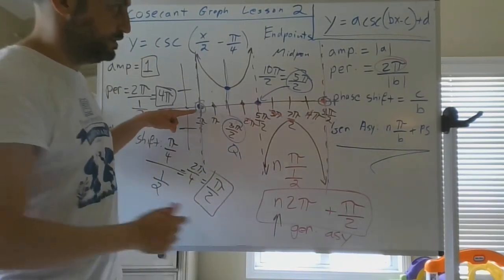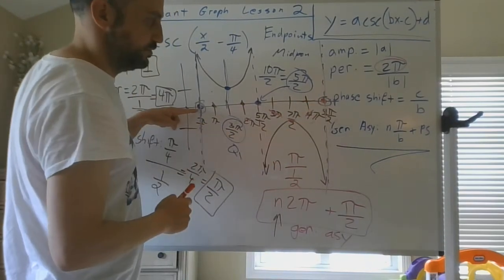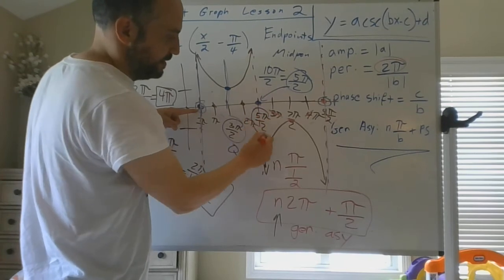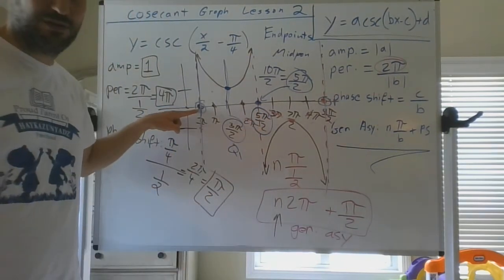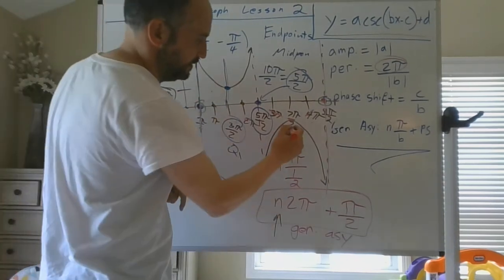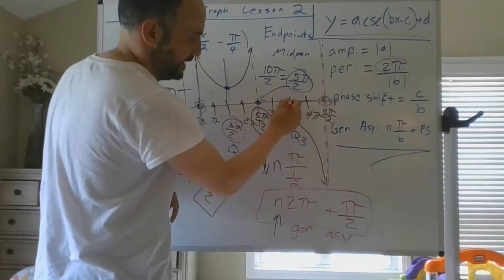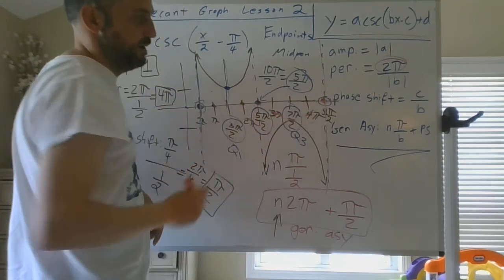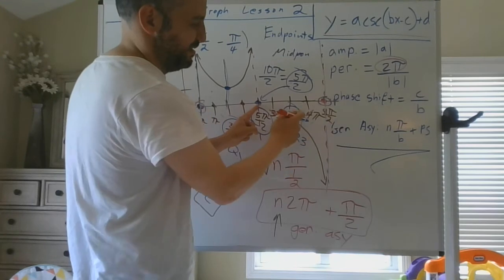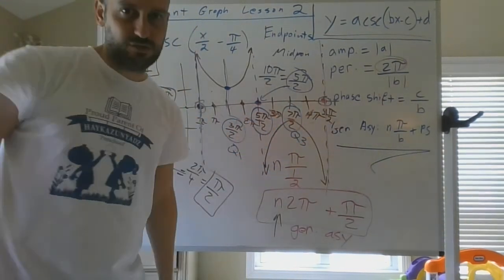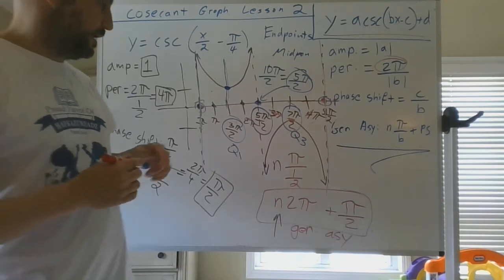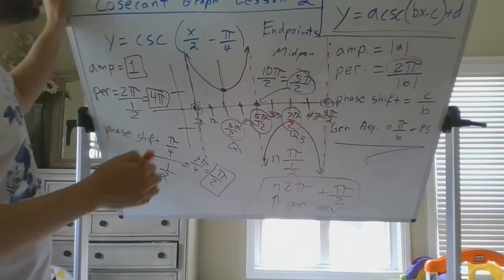Okay, so we have an endpoint at pi over 2, an endpoint at 9 pi over 2, a midpoint at 5 pi over 2, and we have Q1 at 3 pi over 2, so thusly Q3 would have to be at 7 pi over 2. We're just being in the middle of the midpoint and that last endpoint. Okay, so everything is perfectly symmetrical. It's right in the middle there. So that's that.